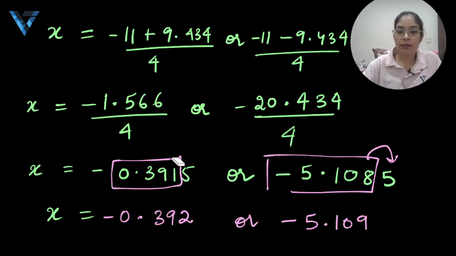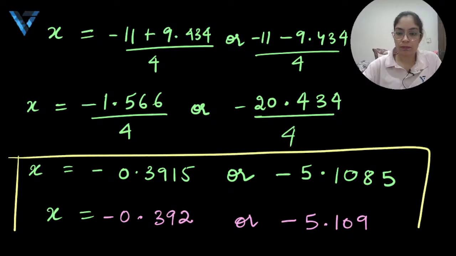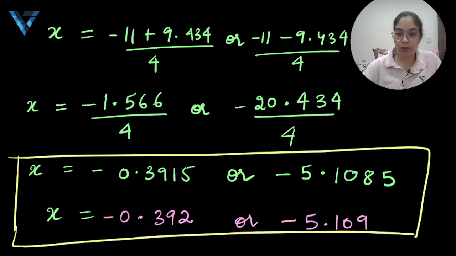If the fourth decimal place digit is 5 or greater than 5, you have to round it off. So the answer is minus 0.392 or minus 5.109. These two you have to write.